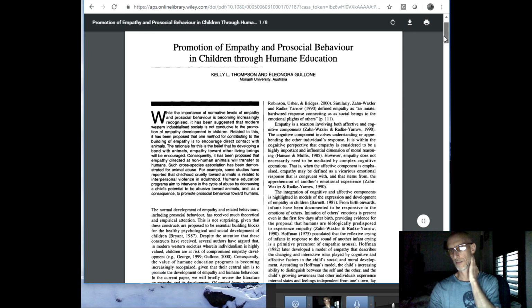educating children to display more pro-social behavior, including empathy.